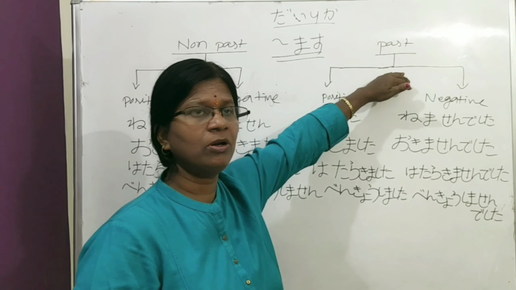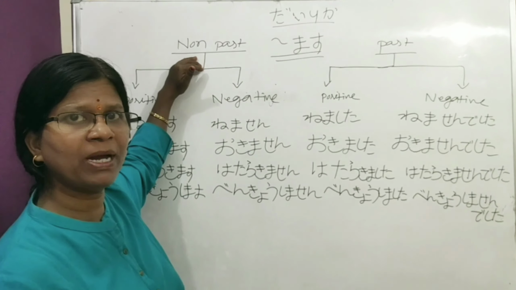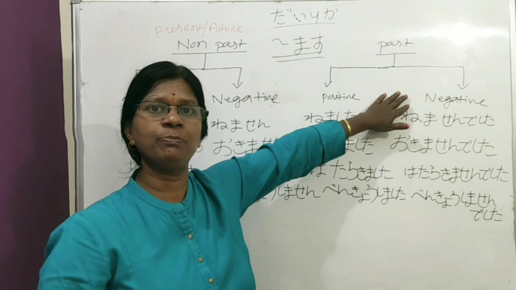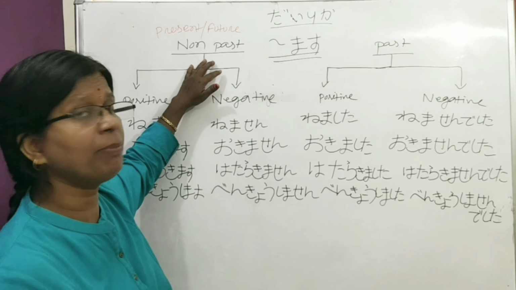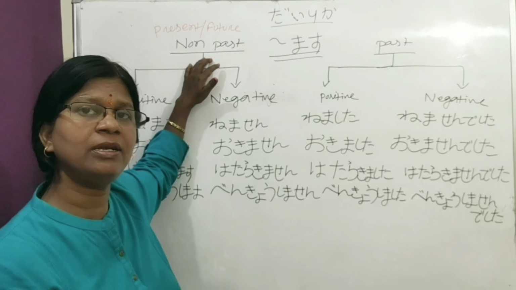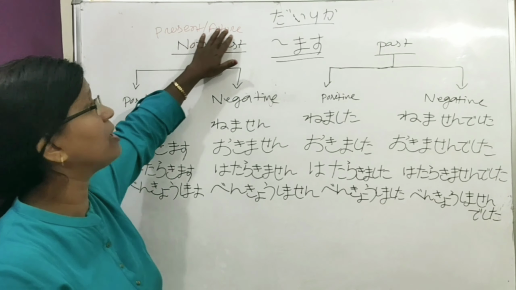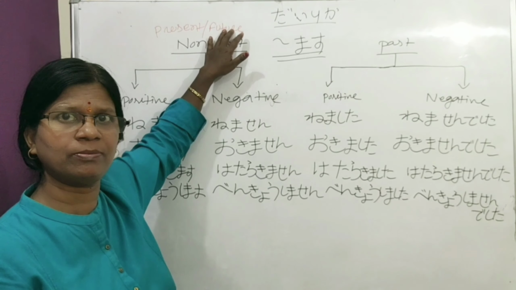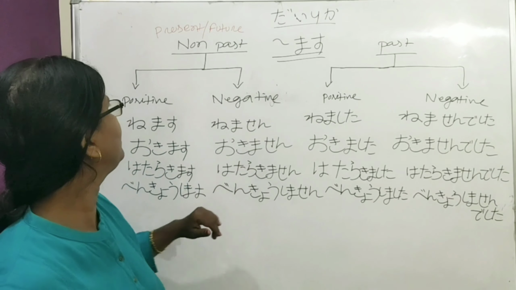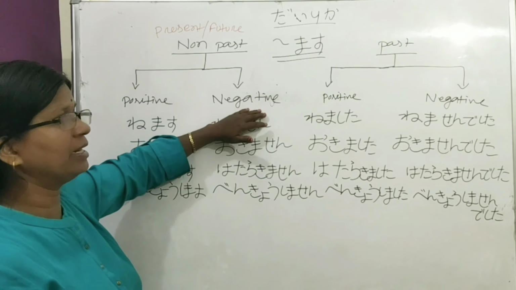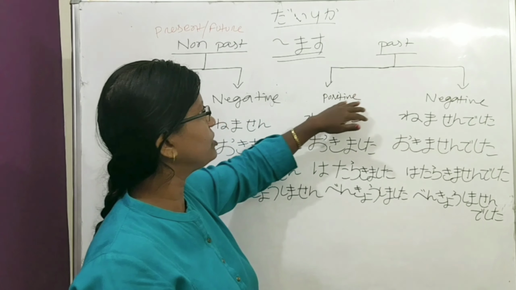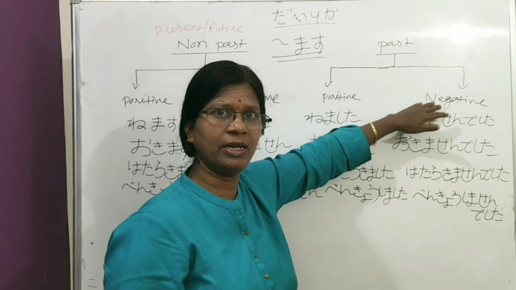One is past form, another is non-past form. The past form we use normally, but the non-past form can be used for the present and also for the future. Okay, so let's see. Non-past positive, non-past negative, past positive and past negative.